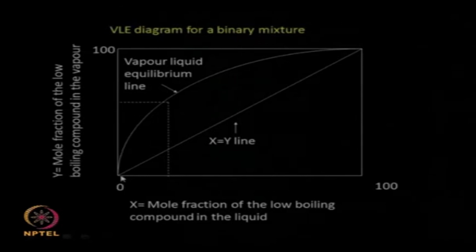On the y axis, the mole fraction of the low boiling component in the vapor, again 0 to 1. You will get a graph like this, a curve that sometimes may be concave down, so you may have a concave or a convex curve. Now this is called the x equal to y line. This is called the vapor liquid equilibrium diagram.